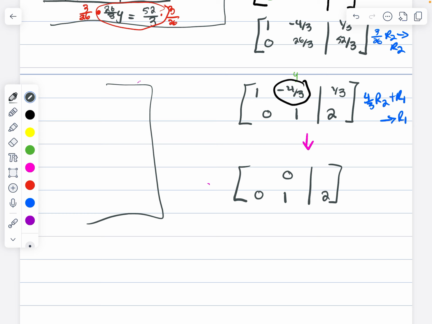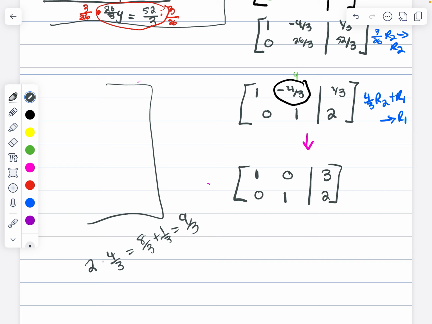Am I right about that? Let's see. That's 2 times 4 over 3, which is 8 over 3, plus 1 over 3, which is 9 over 3. That's 3. All right, very good. And then from there, 0 times 4 over 3 plus 1 is just 1.